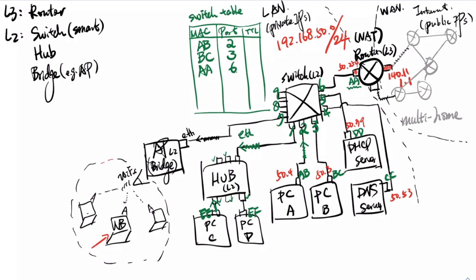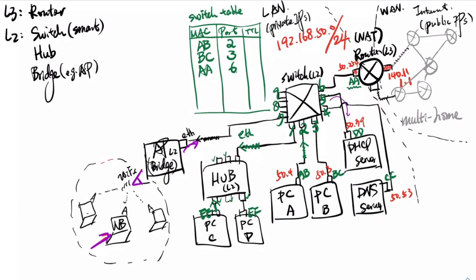But when this interface right here, the AP, receives such a broadcast DHCP frame, it will further send a copy of this frame to the Ethernet side, and the switch will further broadcast this DHCP packet to this DHCP server.